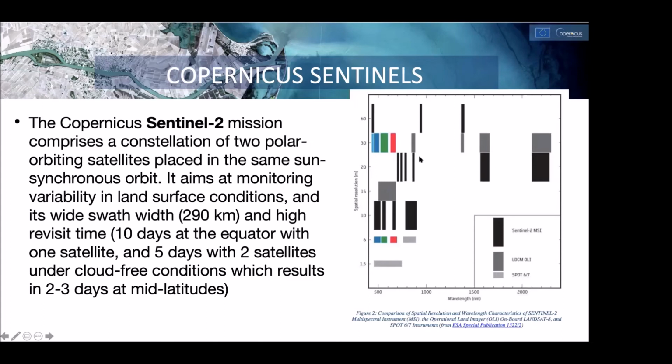And then we have others that are coarser, so double that. Again, if you're thinking about different scales of observation, and even others that are at the 60 meter spatial resolution. But in total here, if we count up the spectral bands, we've got 1, 2, 3, 4, 5, 6, 7, 8, 9, 10, 11, 12, 13 in total. Okay.